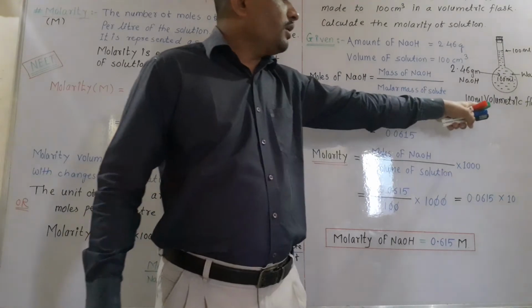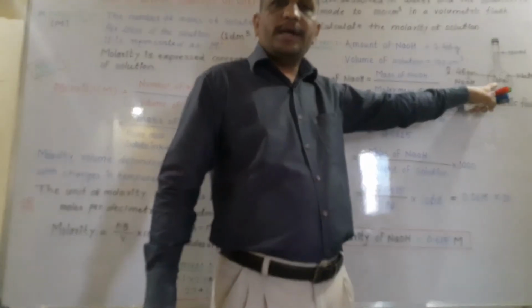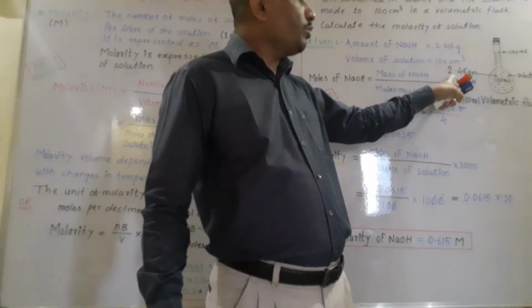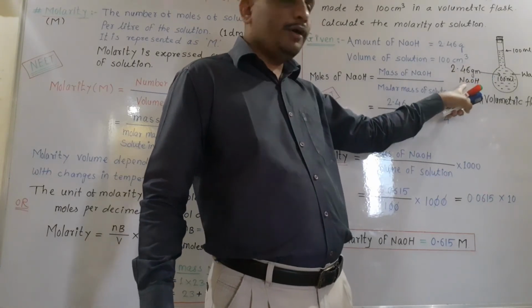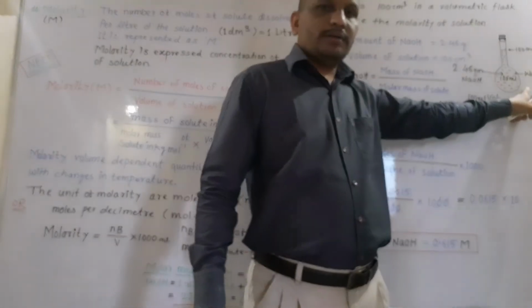Here is shown a 100 ml volumetric flask. Solute is 2.46 gram of NaOH, and 100 ml water makes the solution.